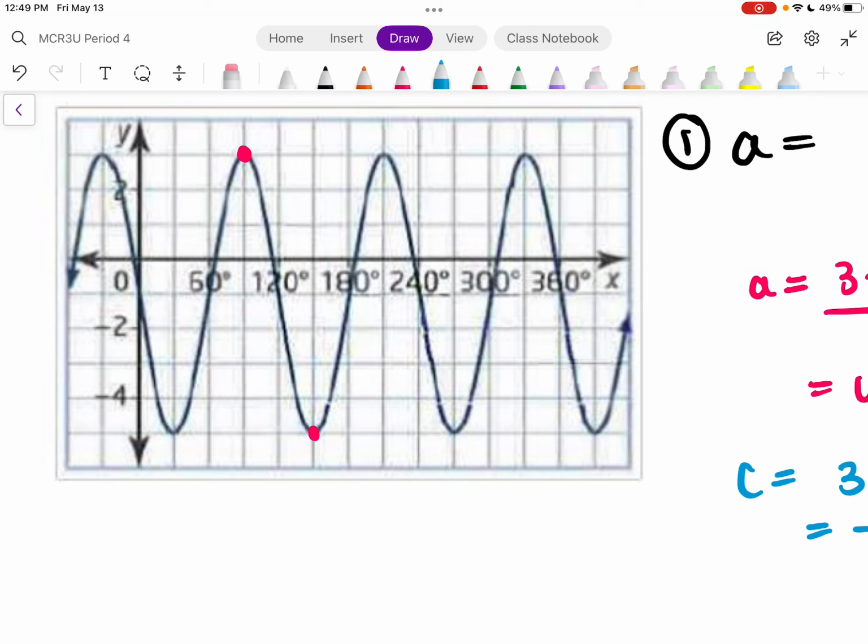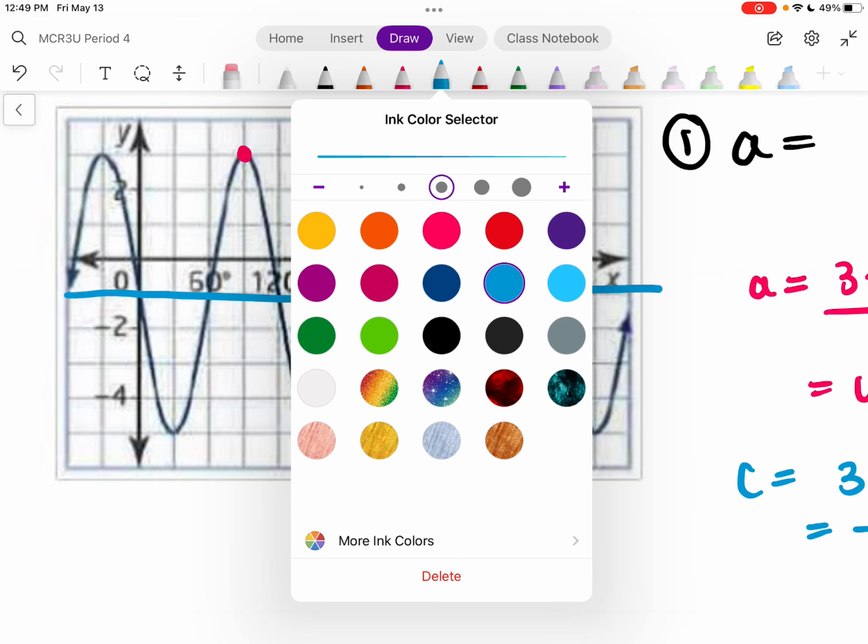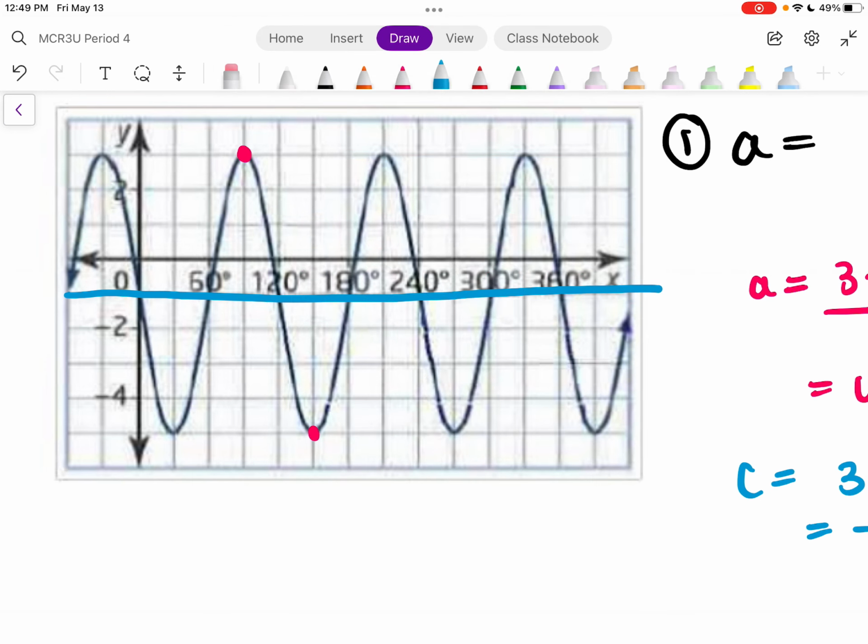And I always like to draw in my axis because it helps me visualize the graph better. Then I ask myself, what's closer to the x-axis, cosine or sine? If I really think about it, is this max closer to the x-axis than this min or this axis point here? So here our cosine function is actually shifted to the left.